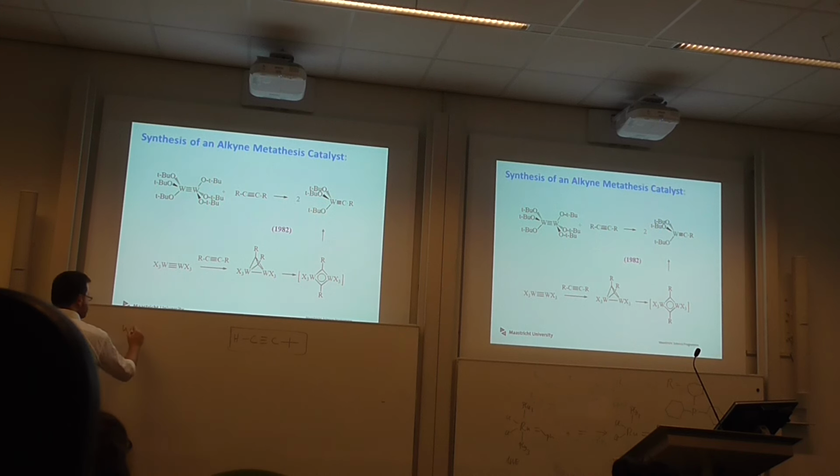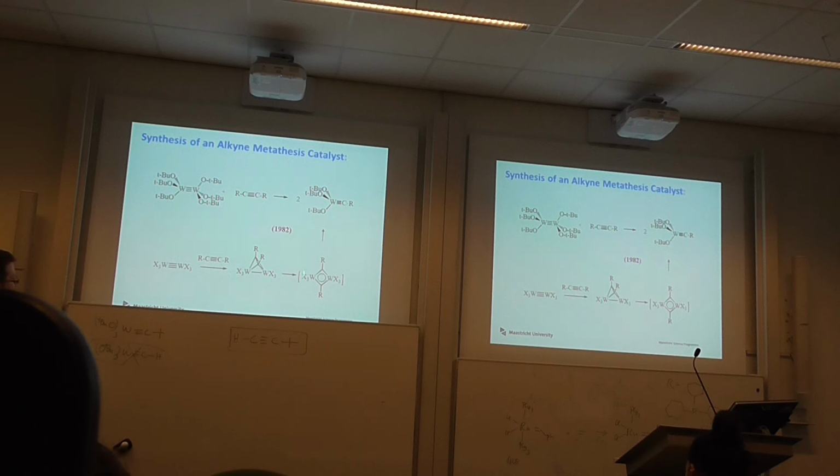The one is this guy, and the other is this guy. This guy over here is unstable and it decomposes, so you can't isolate it. This guy is stable and you can isolate it.